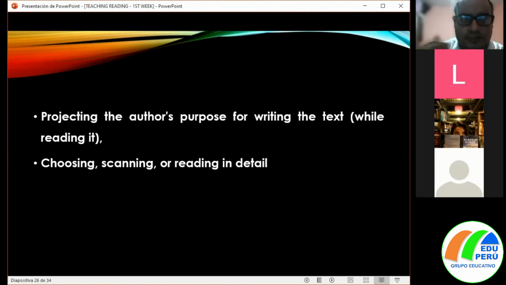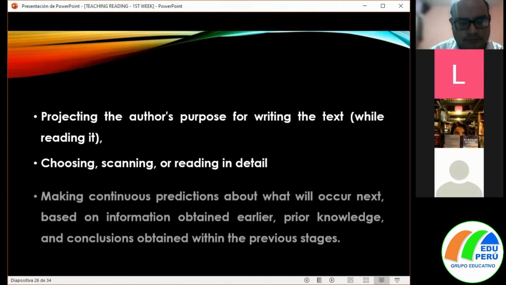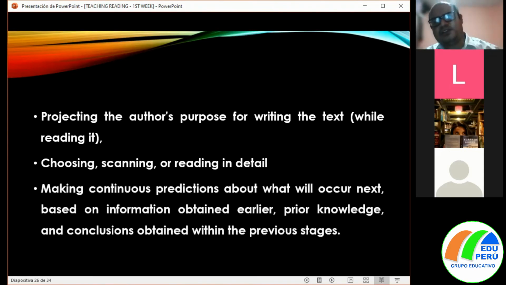Skimming and scanning is to read fast, both. On the other side, we have reading in detail. So you are going to find some specific information, details. It's a longer process. Scanning and skimming are quicker processes. Making continuous predictions about what will occur next based on information obtained earlier, prior knowledge, and conclusions obtained within the previous stages.